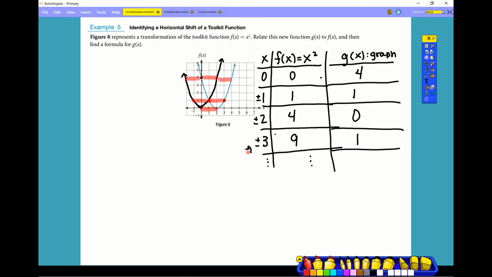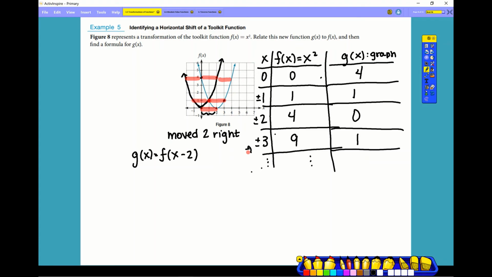You see how it's shifted. So what's our change here? It moved 2 to the right. So that means g of x is going to equal f of x minus 2.